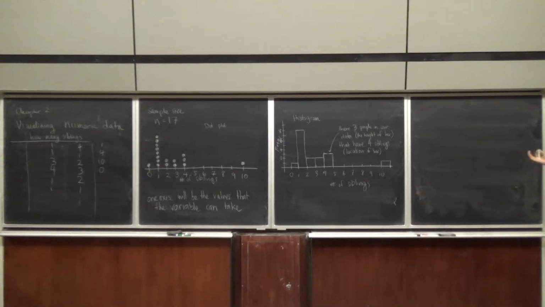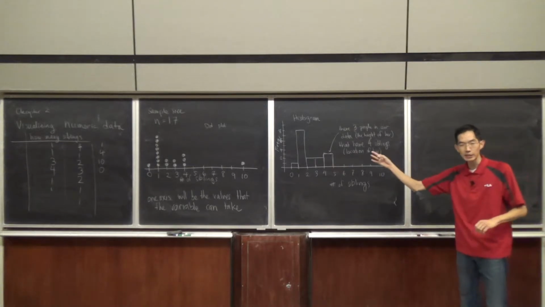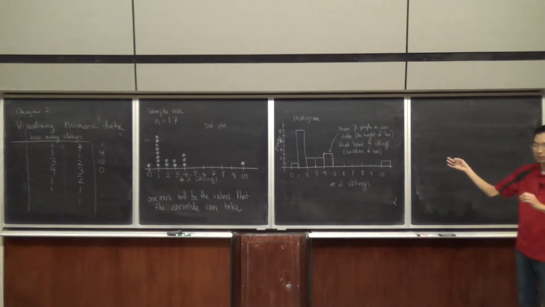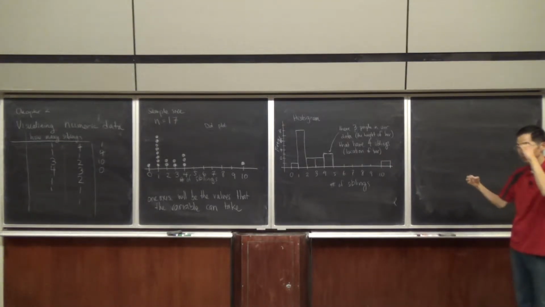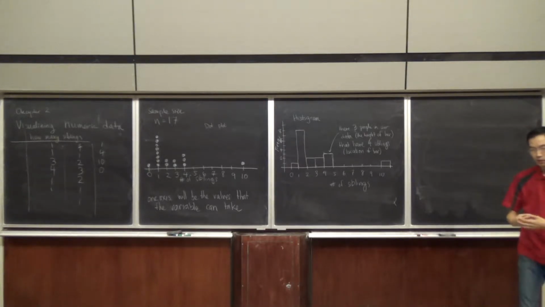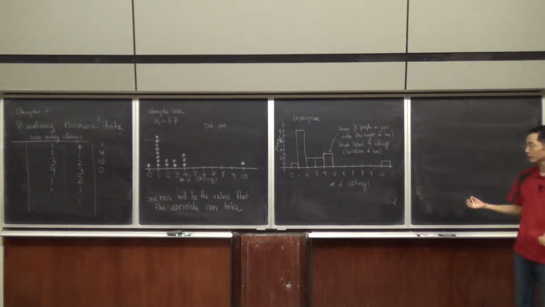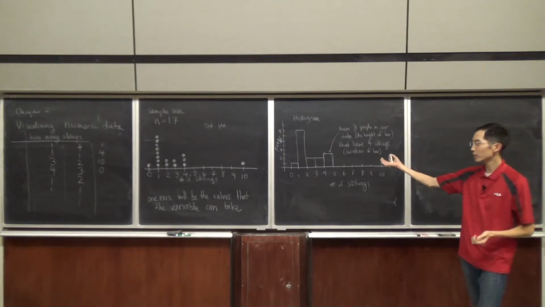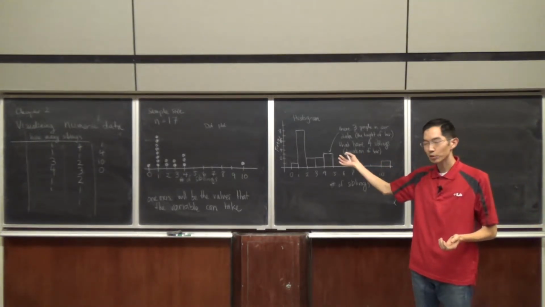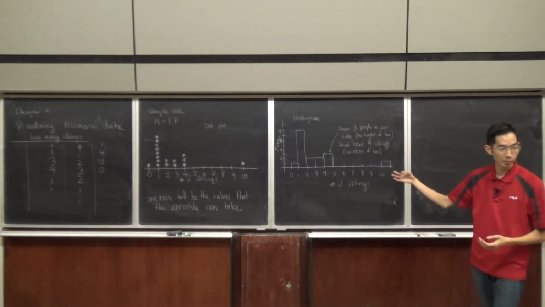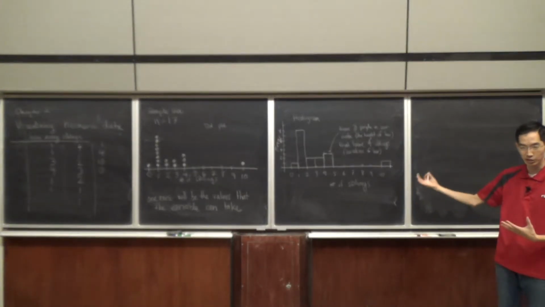The thing about histograms, and this might not be the best example to do this kind of transformation, but with histograms we can change the width of our bar. Okay, so with something like number of siblings, you probably won't need to do this operation, but I'm going to do it just to illustrate it.